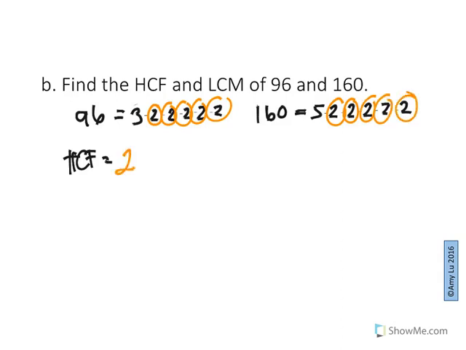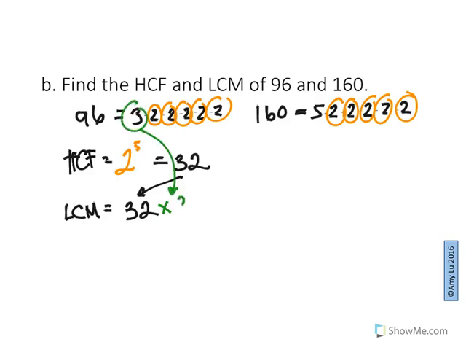So the highest common factor is whatever 2 times 2 times 2 times 2 times 2 is, which is 32. And then the lowest common multiple is the 32 multiplied by whatever is left over, the 3 and the 5, which makes 480. And that's it.